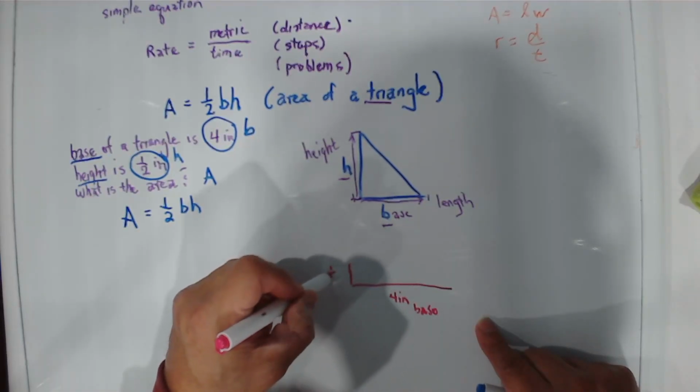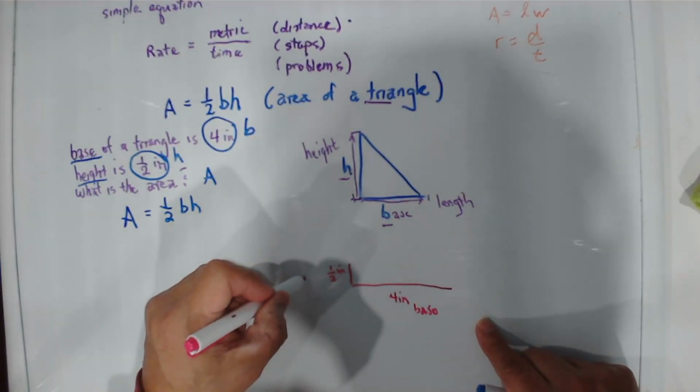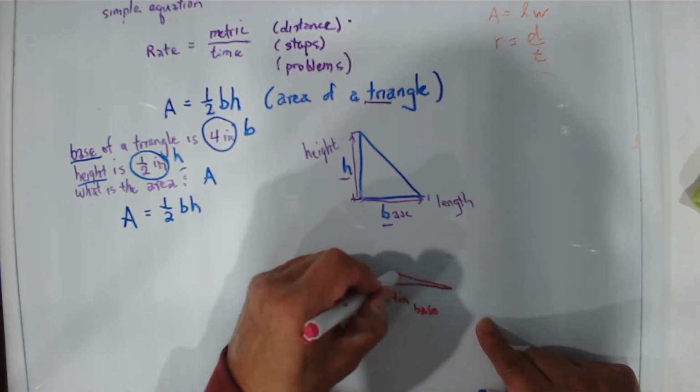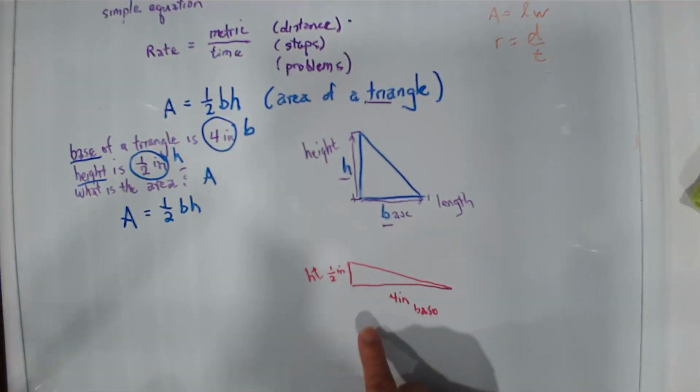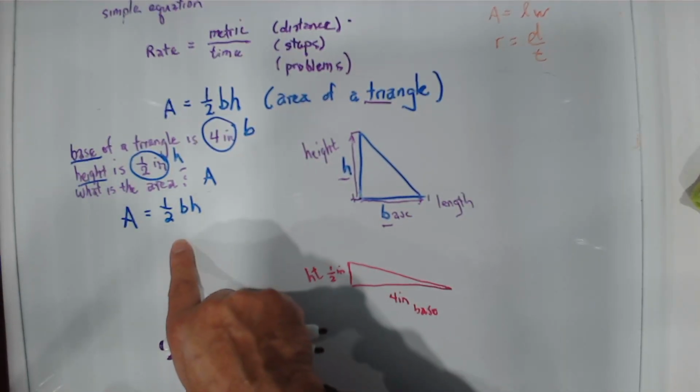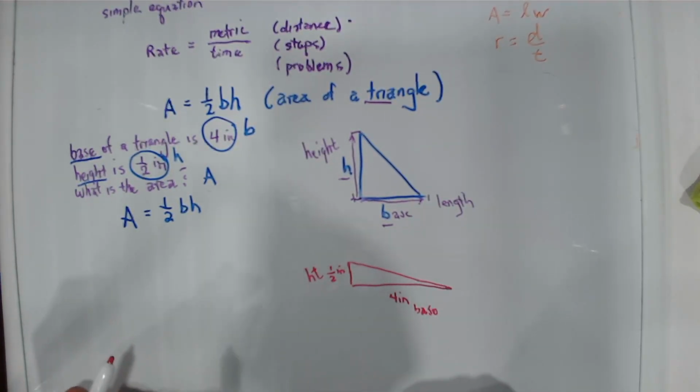This is 1/2 inch, and that's our height. Then this is what our triangle looks like. It's not going to have a really big area. So you can see that the area is going to be this times that, times 1/2.